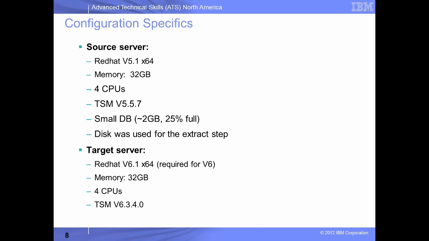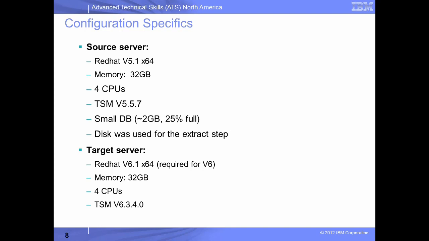When we did this upgrade, we're doing extract to media, so you have to keep in mind that when you're done with the extract part of this, you're going to have a bunch of files that reside on your version 5.5 system, and you have to get those over somehow to your new 6.3.4 system. You can do that in a couple of ways.